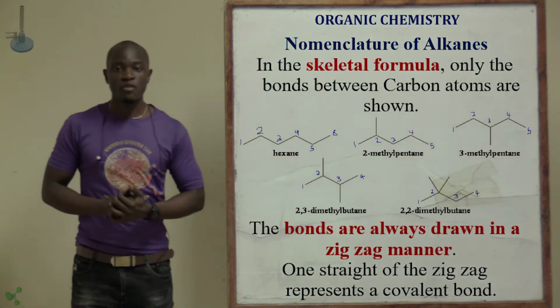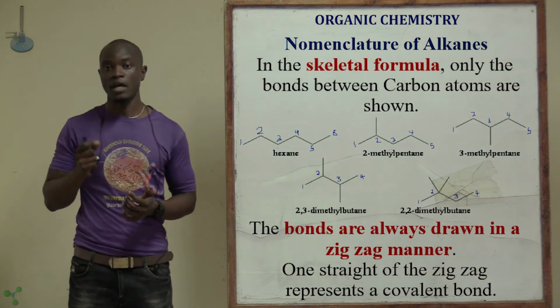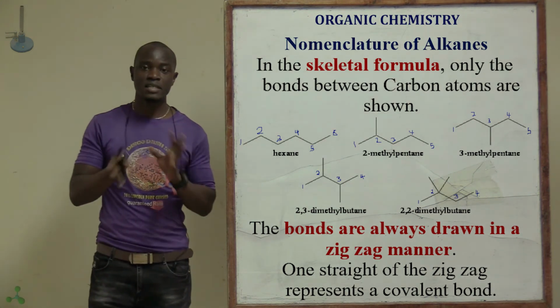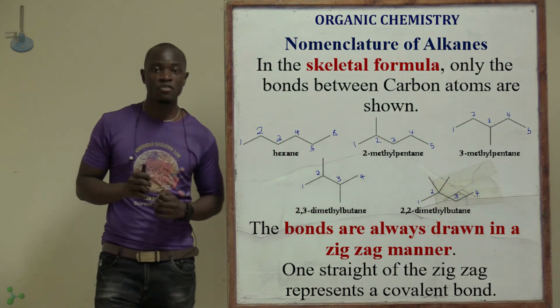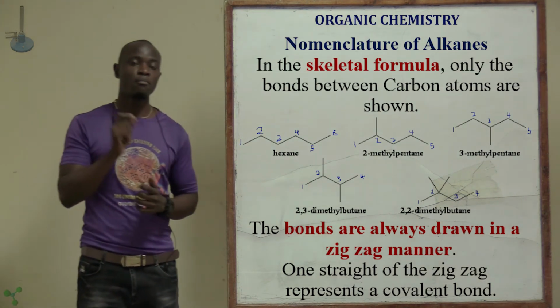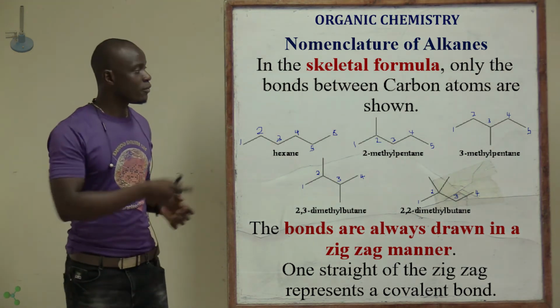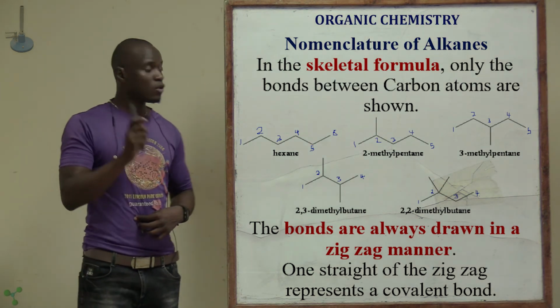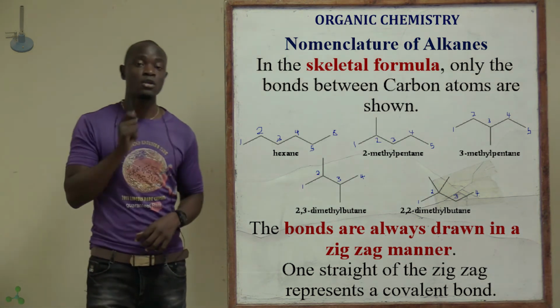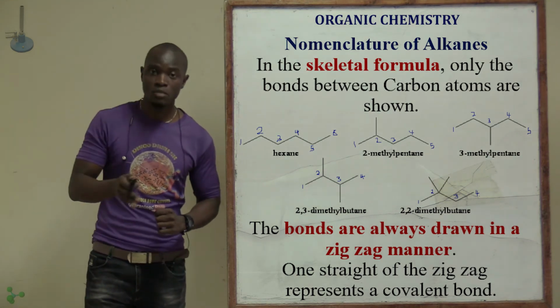So in the skeletal formula of hydrocarbons, only bonds between carbon atoms are shown. The other atoms are not shown unless stated otherwise. Like for example, you can see these examples. We have hexane. In hexane, take note of the numbers. These numbers denote where the carbon atoms have fallen.